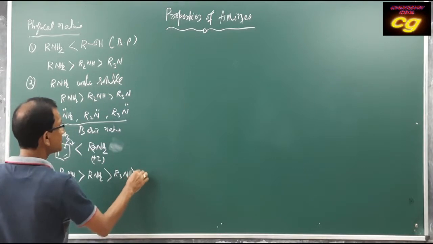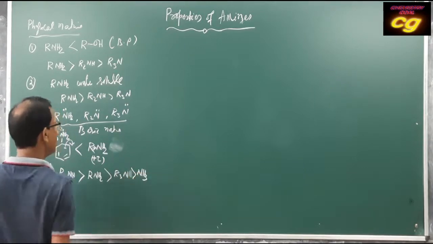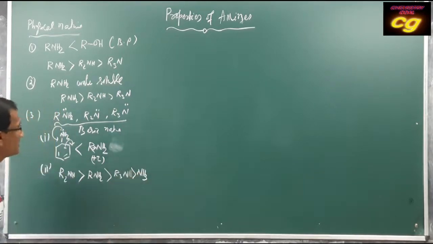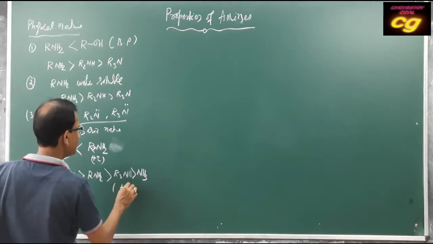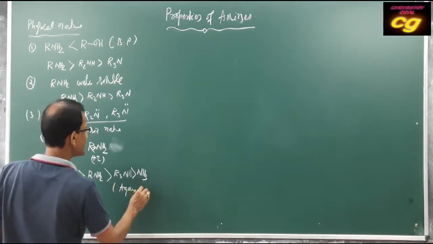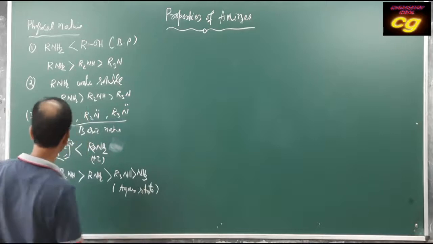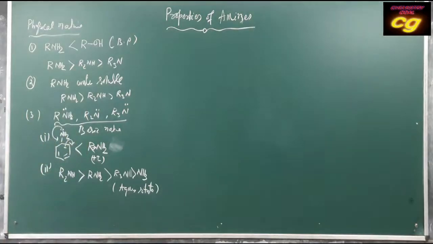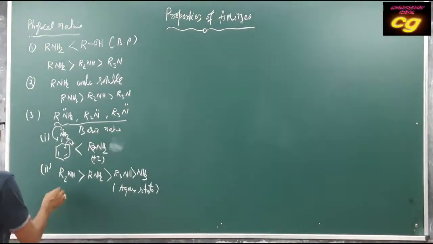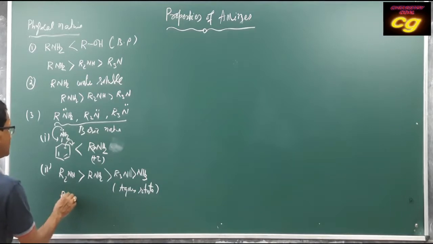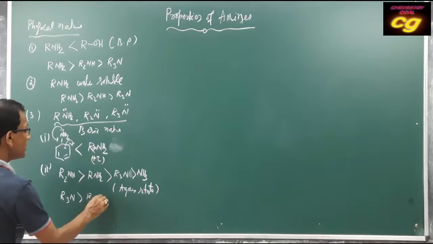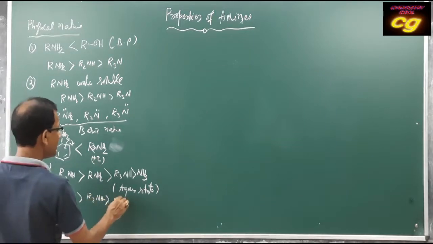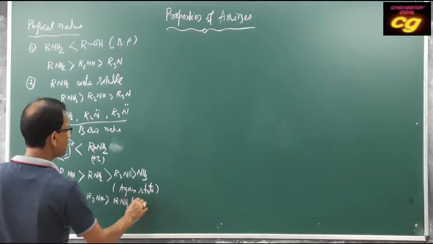And then the last one is ammonia. But this is in the aqueous medium, under the aqueous state. But in the vapor phase the order is R3N is more basic than R2NH is more basic than RNH2. This is the vapor phase.